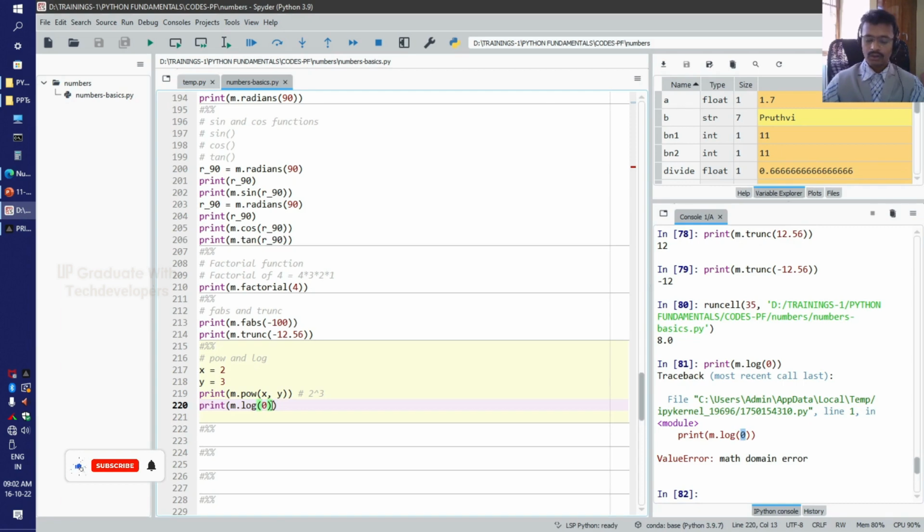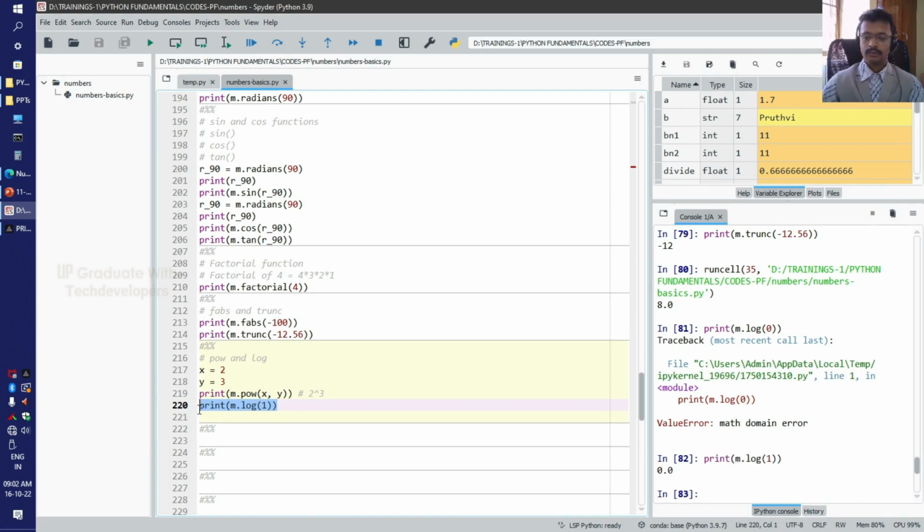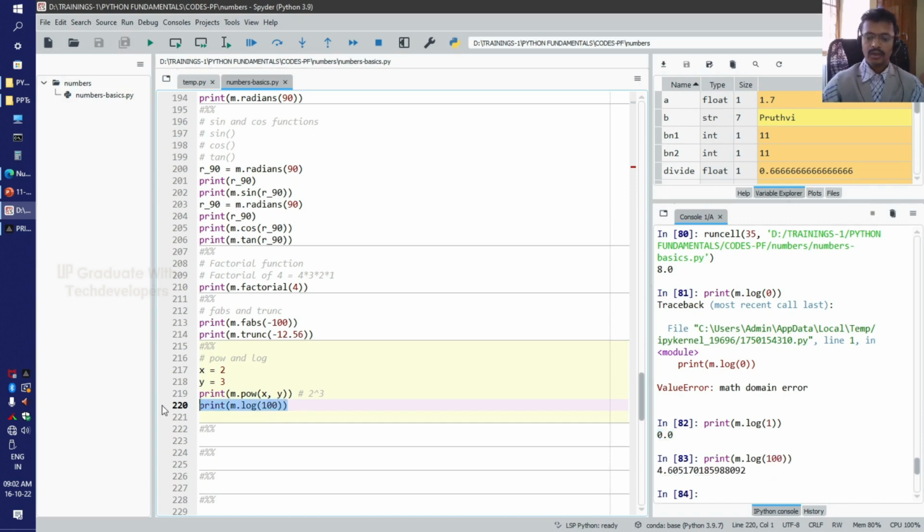Let us use 1 instead of 0 and see what happens. So the natural log value of 1 is 0. For 100, the natural log value of 100 is nothing but 4.6051.